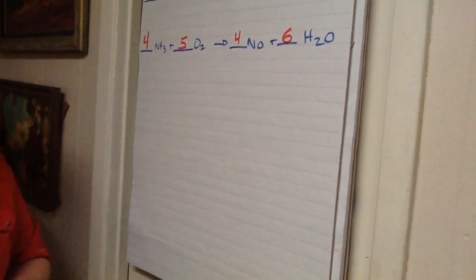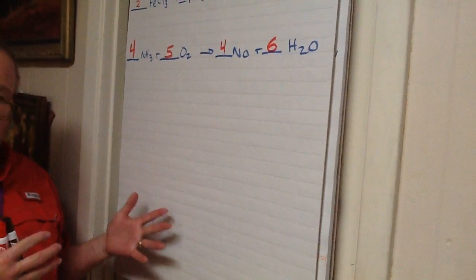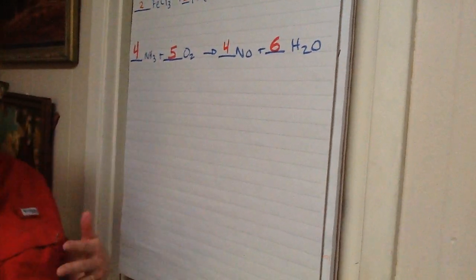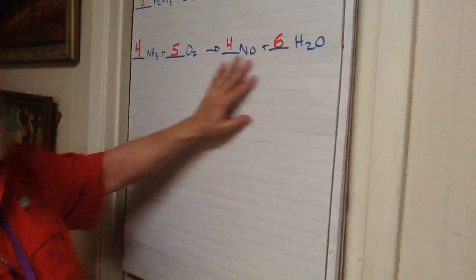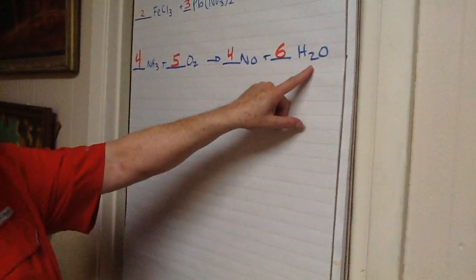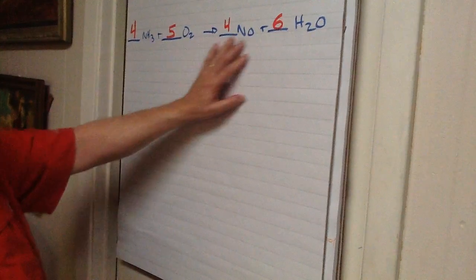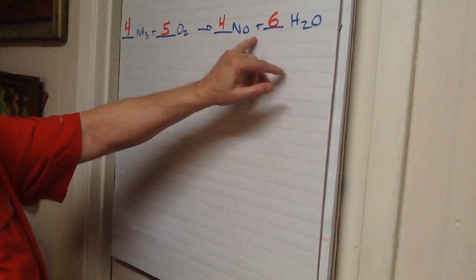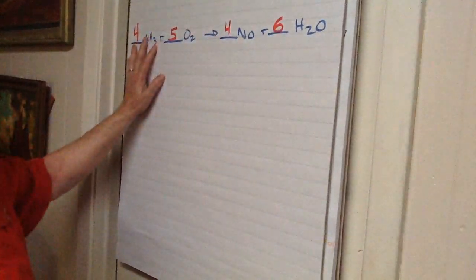But all you can do is follow the guidelines from the book and from the notes, and do your best. And if something doesn't work, try something different. Like I said, I saw here that I had 3 hydrogens here and 2 there. So I tried that common, not denominator, but when you multiply 2 times 3, you get 6. I tried a 3 here, but it didn't work out.